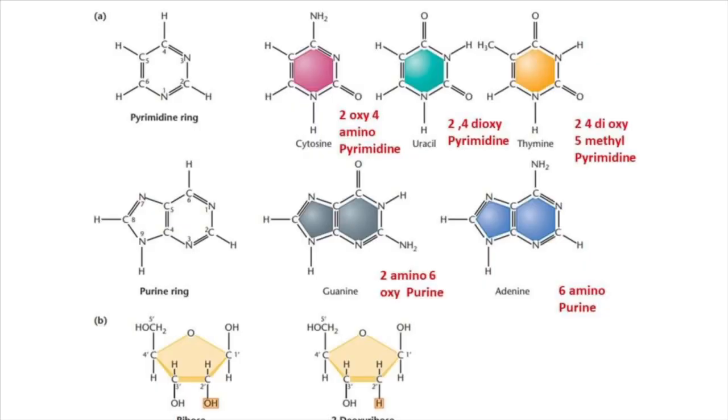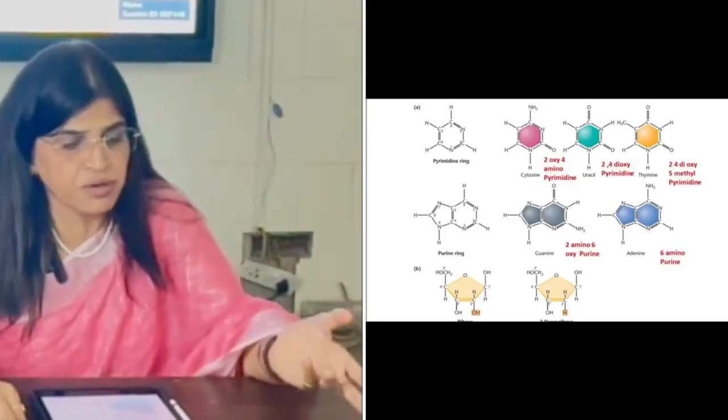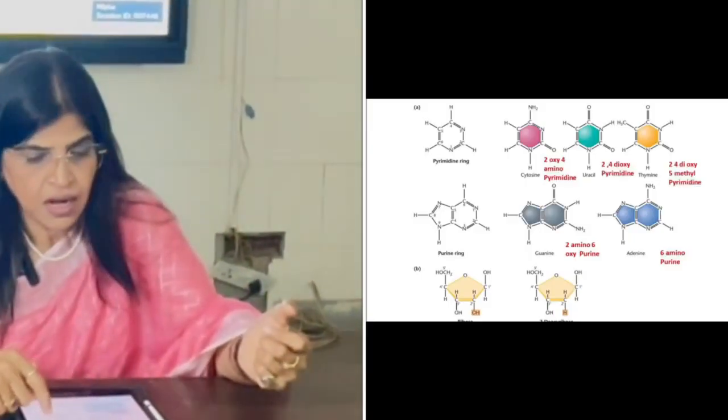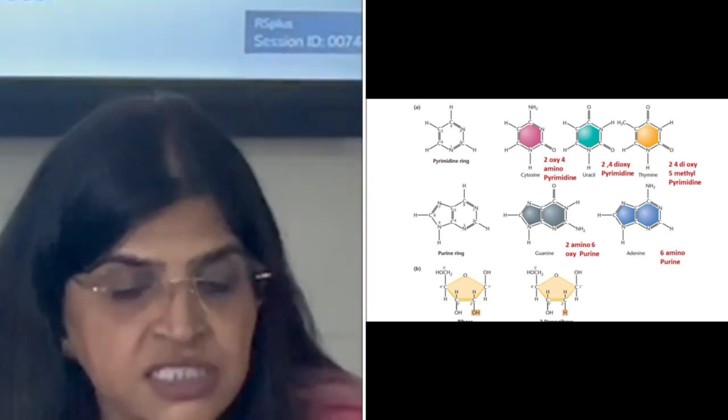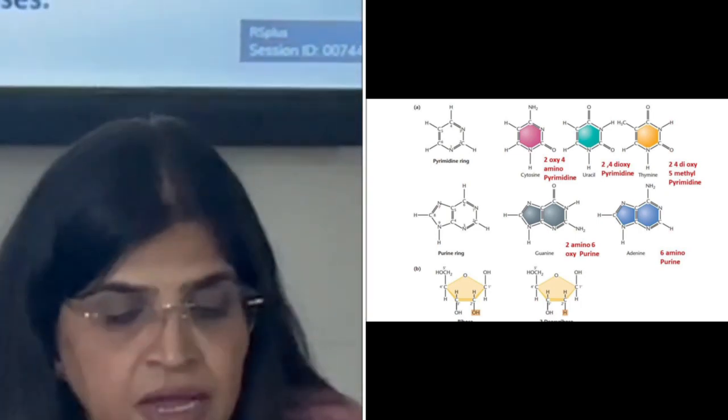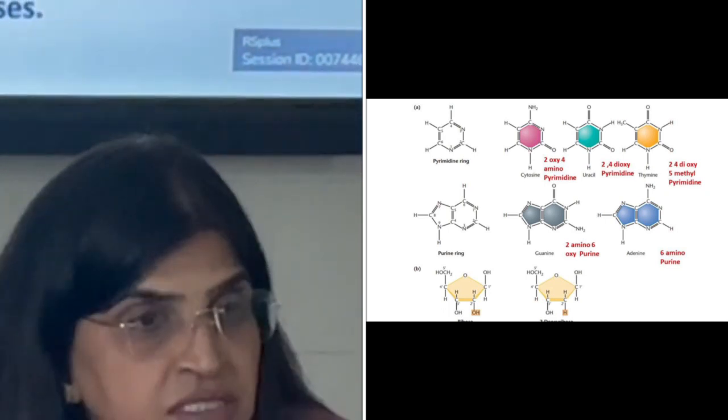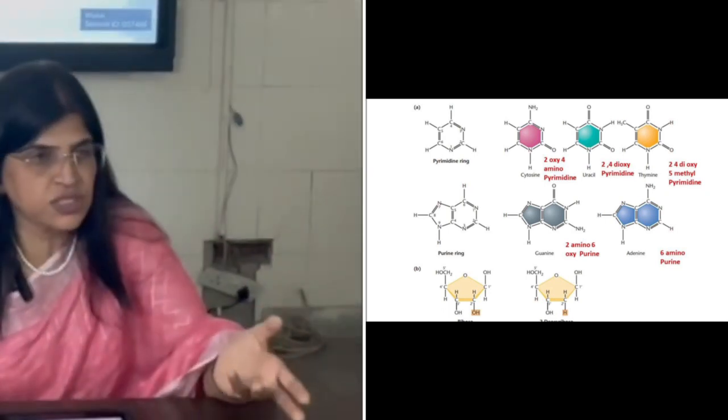Then we have uracil, which is 2,4-dioxypyrimidine. Thymine is 2,4-dioxy 5-methyl pyrimidine. We need these structures again while studying the mechanism of mutations. Guanine is 2-amino 6-oxy purine and adenine is 6-amino purine.